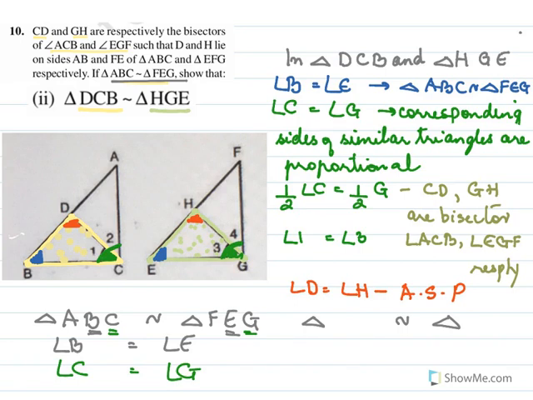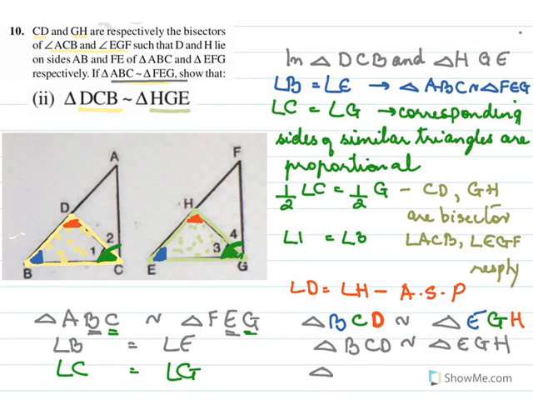First we'll mark the blue. The blue in one was B and the other one was E. Then we mark the green, we have C and G, and then we mark the red, which is D equal to H. So triangle BCD is similar to triangle EGH.